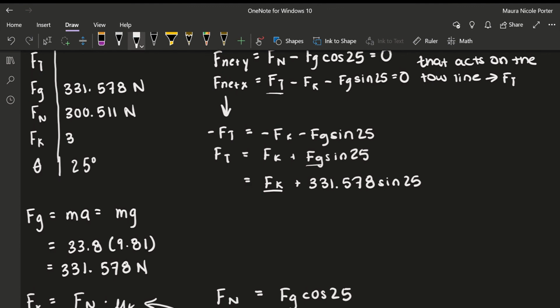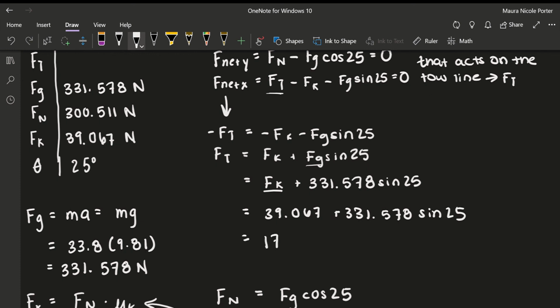Once again, just going to put it in the chart. And we can plug this in now. 39.067 plus 331.578 sine of 25. All right, now that we did that, it's just easy. You plug it into your calculator. You get 179.198 newtons as our force of tension.